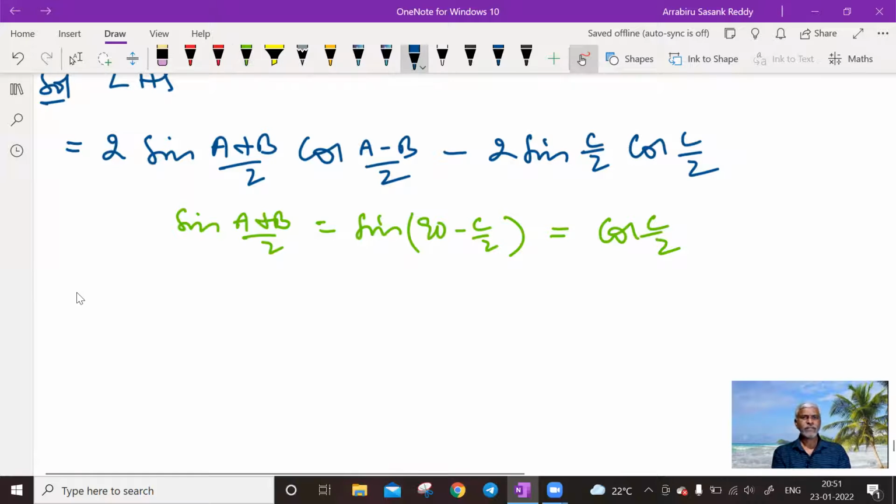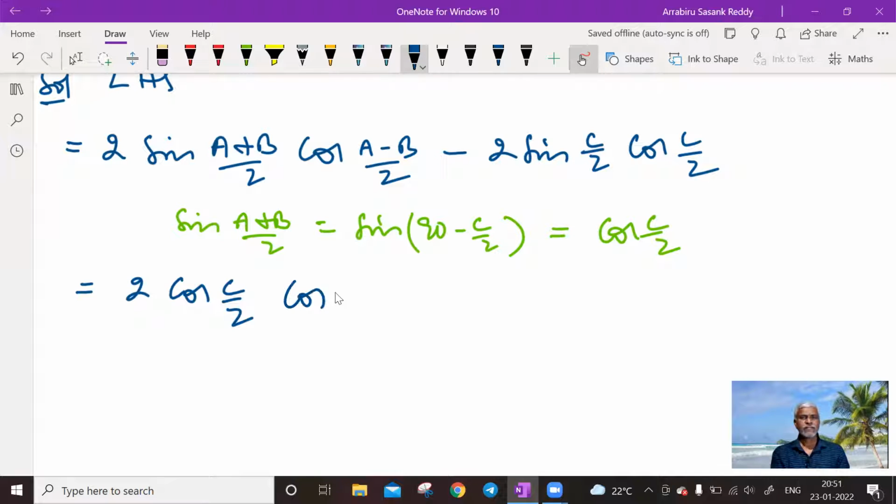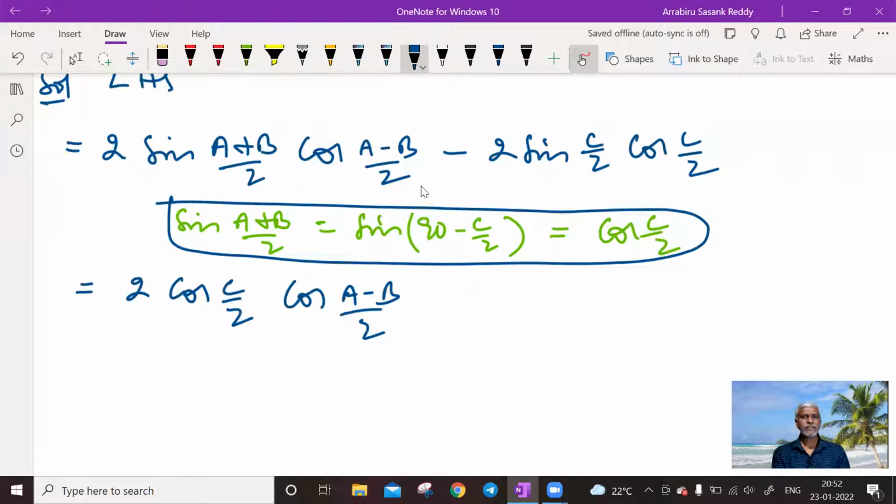So 2 cos c by 2 cos a minus b by 2 as it is, minus 2 sin c by 2 cos c by 2.